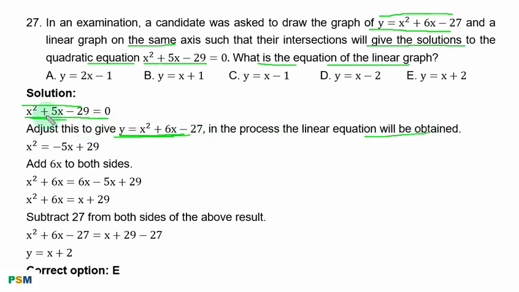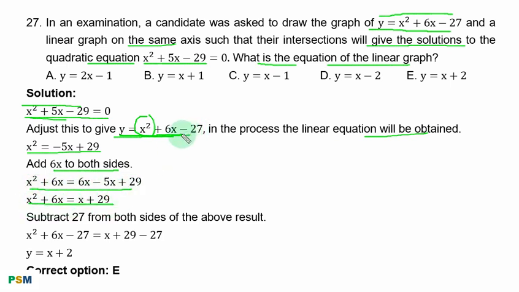First, you have to transfer plus 5s minus 29 to the right hand side. You have it in this form, so that we have s squared. To get plus 6s, add 6s to both sides. You do that in this form and you have this result.